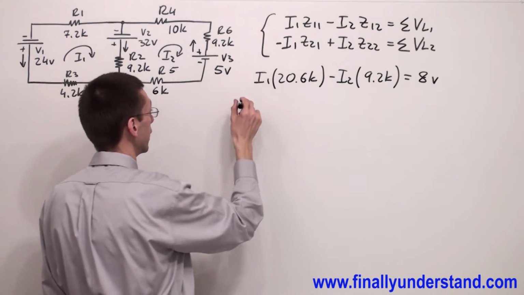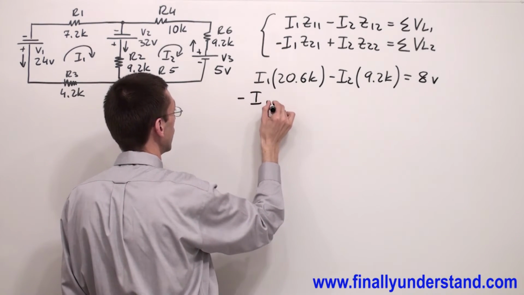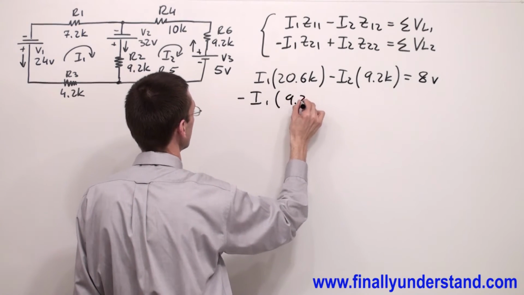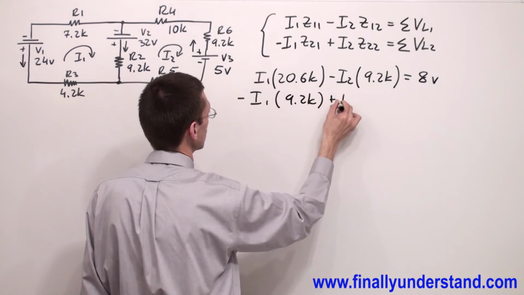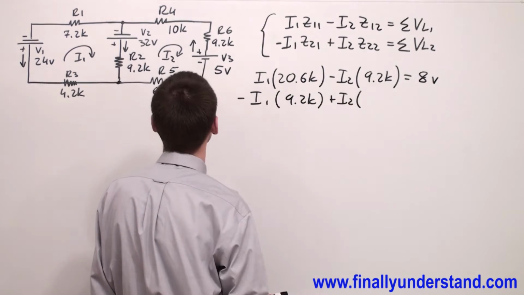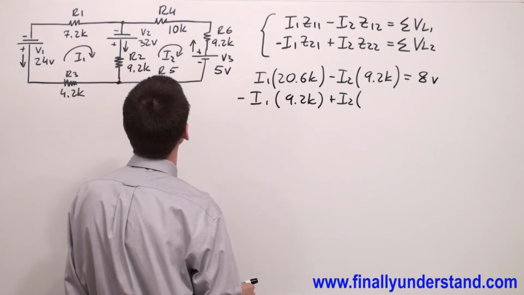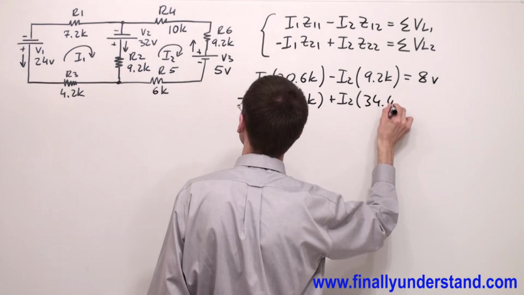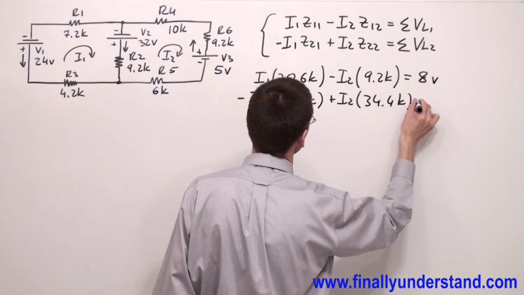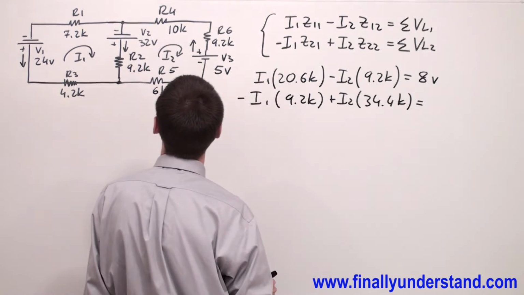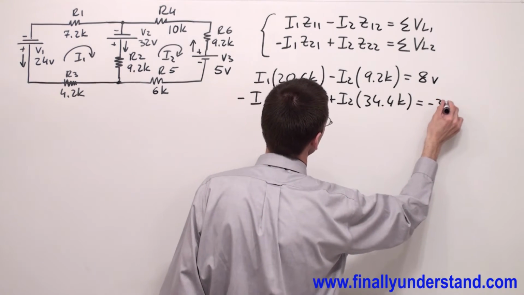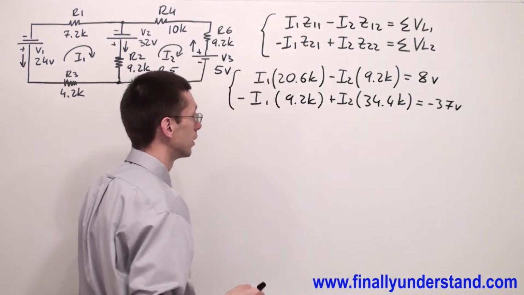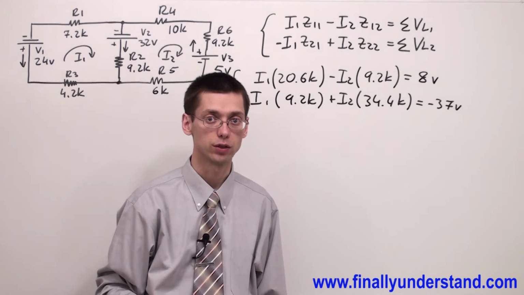Next, I have negative I1 and I have Z21, which is equal to 9.2 kilo plus I2, and Z22 is equal to 34.4 kilo, and this is equal to negative 37 volts. These are my mesh equations.